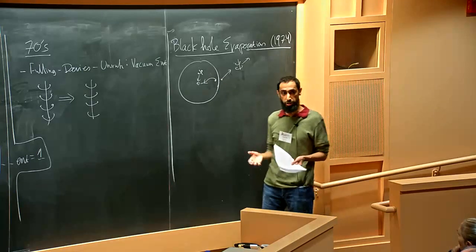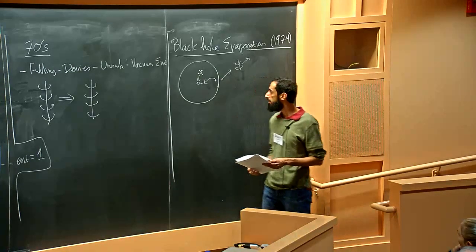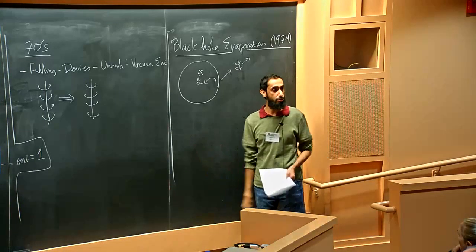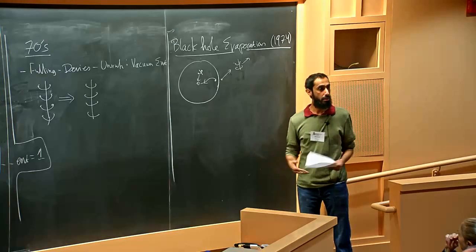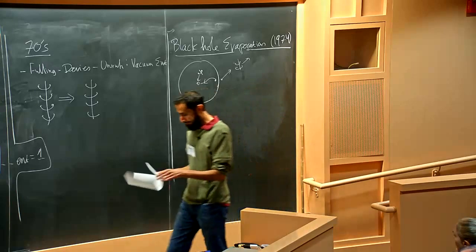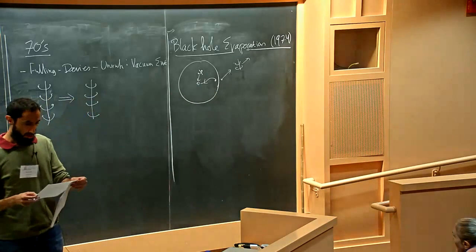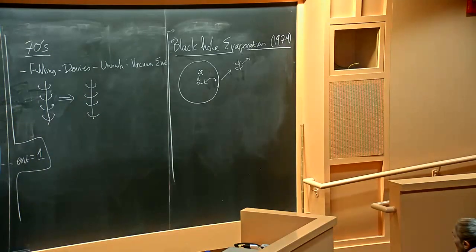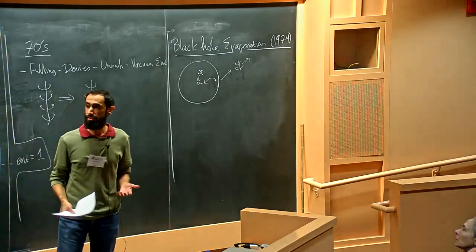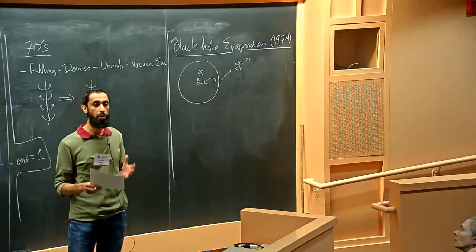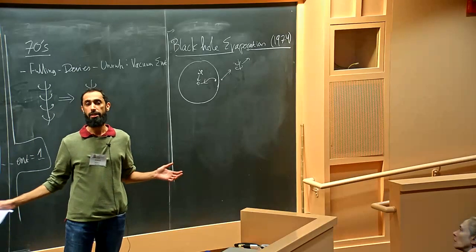The space-time structure of the black hole is such that it cleaves these two entangled particles apart. The surprising thing that he found is that this process of separating these entangled particles leads to black hole evaporation. It makes the black hole get smaller and smaller and smaller until it completely evaporates away.